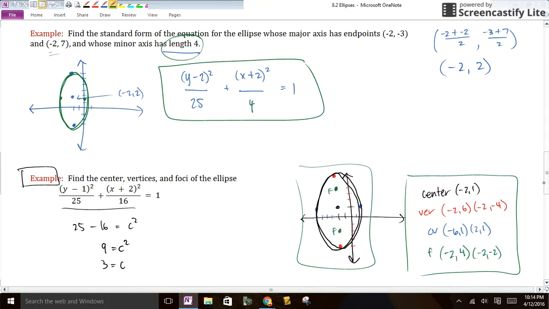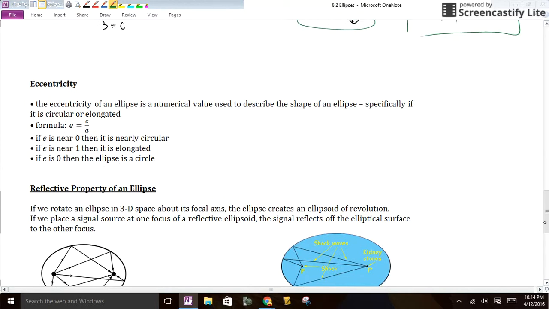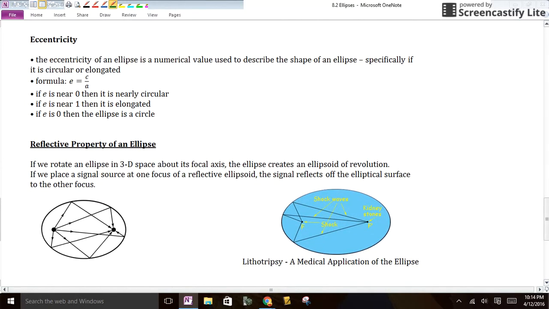Now, something that you should know is the eccentricity. I was almost going to go to the reflective property. Eccentricity is just another way of giving you some information. So notice right here, super important formula: the eccentricity is c over a. What does that mean, right?